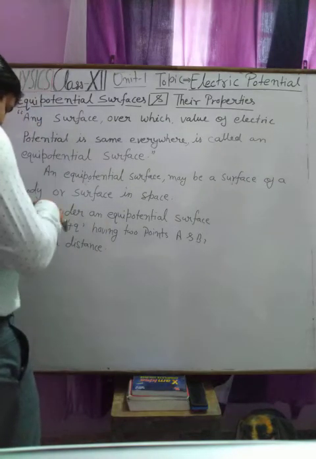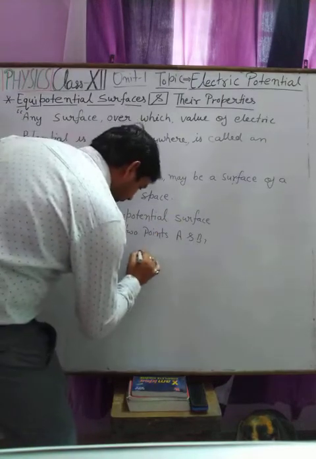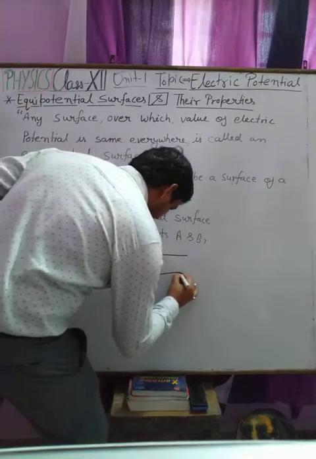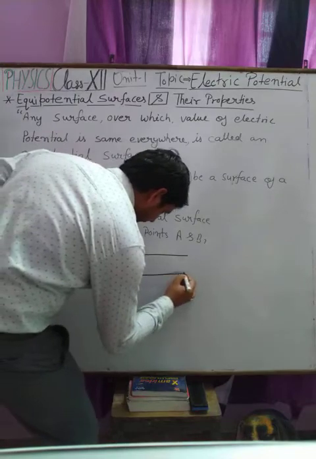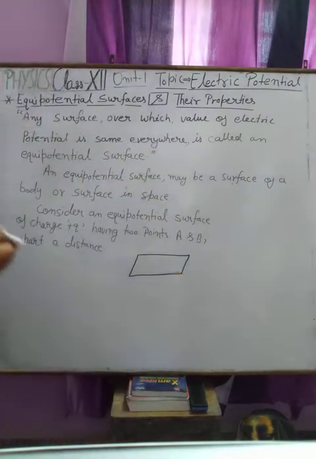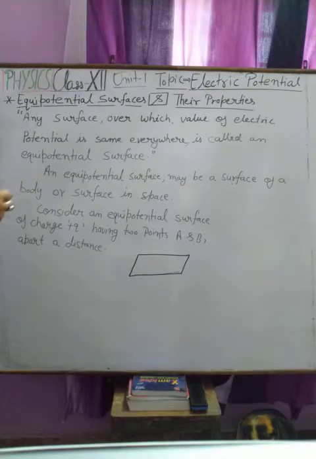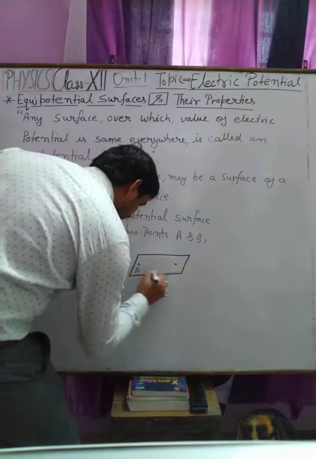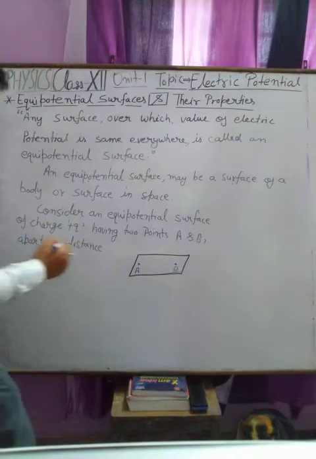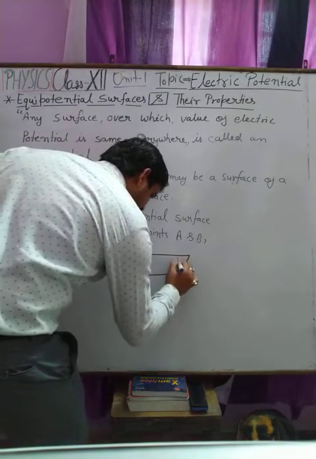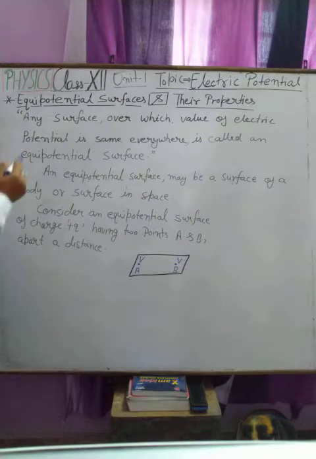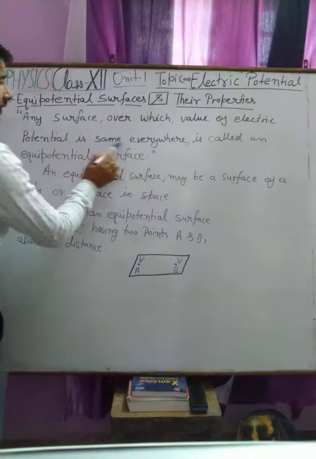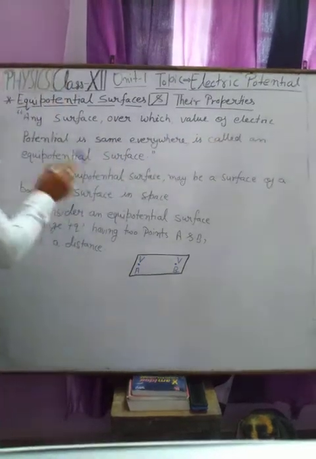Suppose this is an equipotential surface and the two points A and B on it have potential V and V. As per the definition, any surface over which the value of electric potential is the same everywhere is called an equipotential surface.